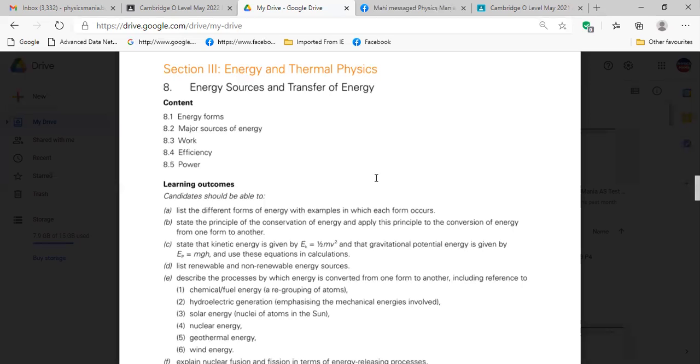What does it mean? Like we need a very big solar panel to produce a small amount of electrical energy, right?